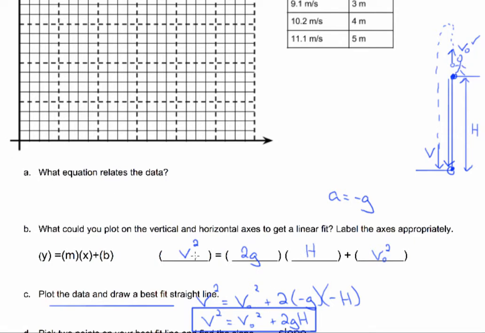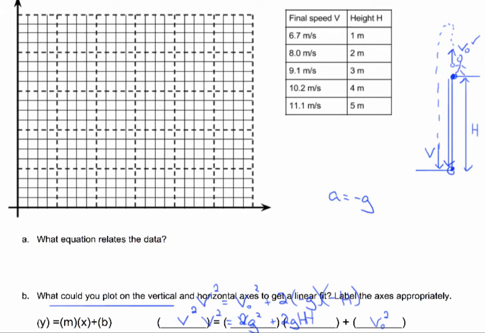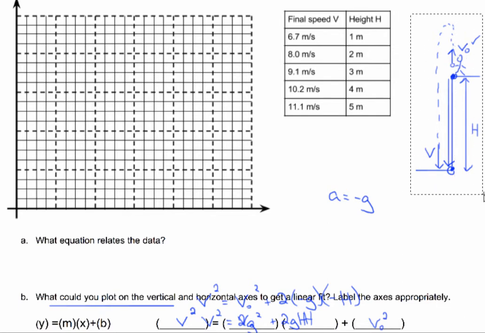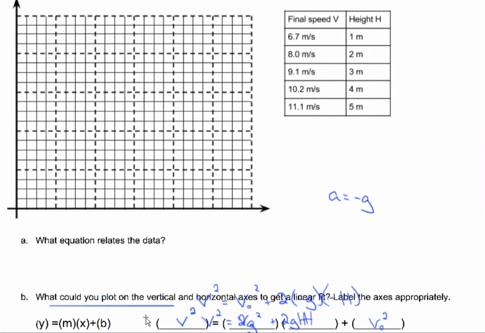So what I'm going to do now is I have to find what v squared is. So I come up here, and I'm going to erase this mess over here, get rid of this. So I need to make a new column. I'm going to be like v squared. What the heck is v squared? V squared is, well, at 1 meter it was 6.7 squared.